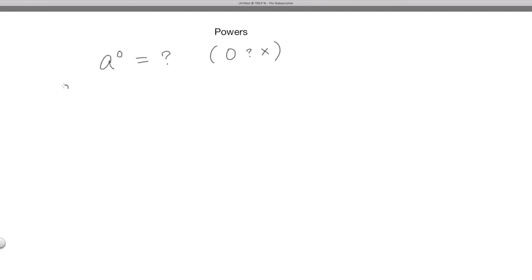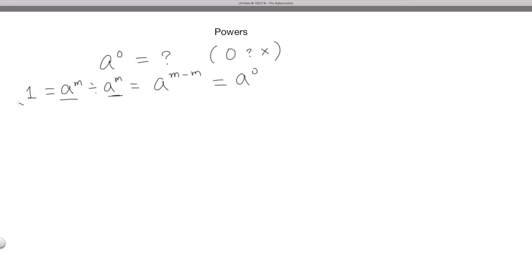For example, if you do a to the power m divided by a to the power m, we know that when we divide these things, this equals a to the power of the difference, a to the power m minus m, which is a to the power 0. At the same time, a to the power m divided by a to the power m is the same number divided by itself, so this should equal 1.